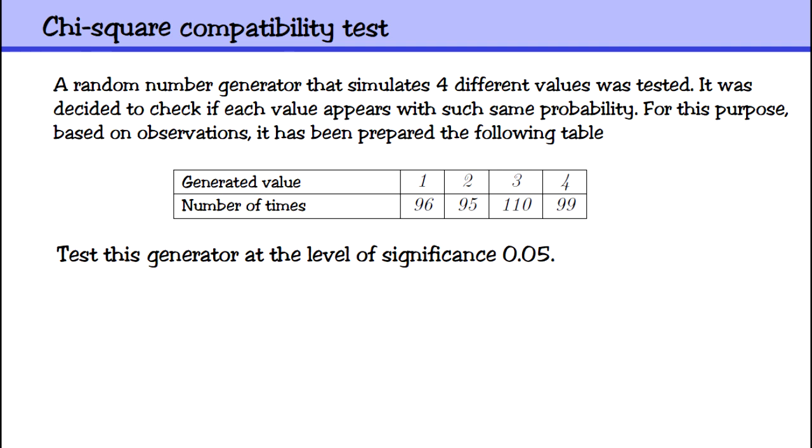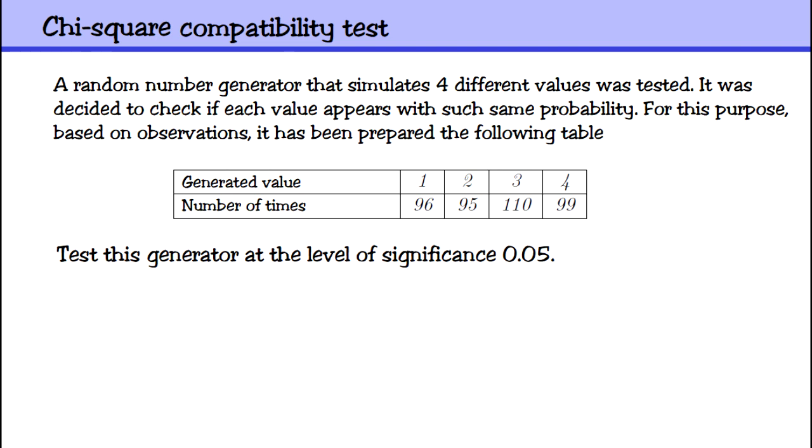A random number generator that simulates 4 different values was tested. It was decided to check if each value appears with the same probability. For this purpose, based on observations, the following table has been prepared.